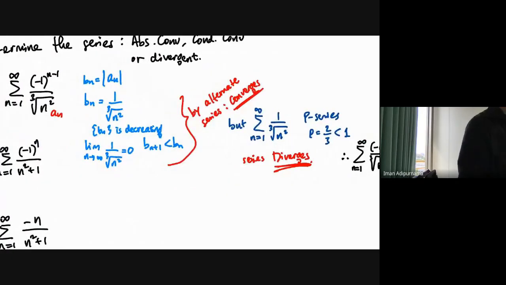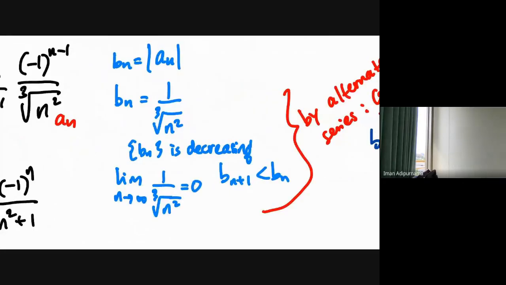So first, we determine the alternating series. There are only two requirements: you need to find that the terms are always decreasing and the limit is equal to 0. When you find these two, you can say that it is convergent as an alternating series.